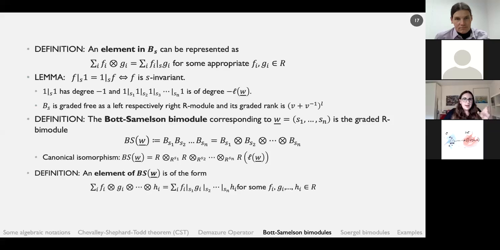If we now look at an element of this BS of w, we see that they're of the form, again as above, sum over all i of f_i tensor g_i and so on until h_i, for some f_i, g_i and h_i, which are all in R. And here you can also see the notation of how it would look if we used the wall symbol instead.